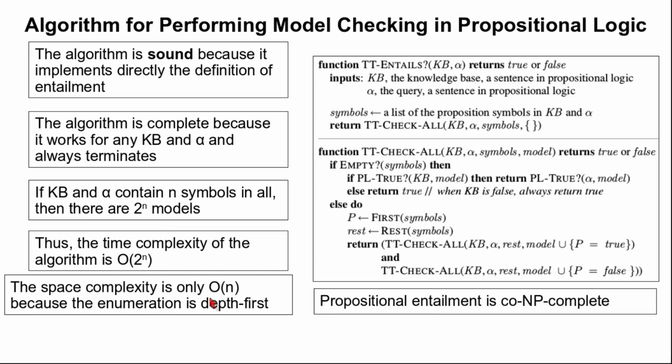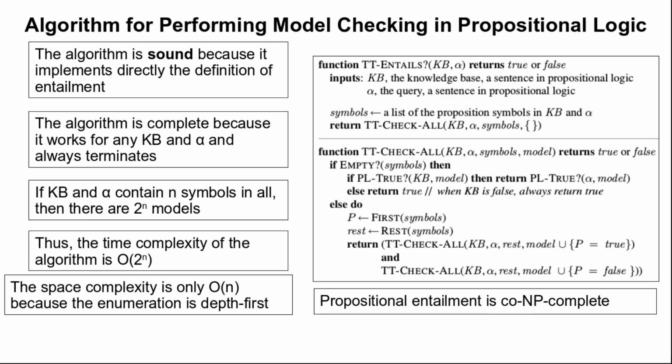Now propositional entailment is co-NP complete. From your algorithms class, you know what co-NP complete is. NP is non-deterministic polynomial, which means it is the set of problems for which you can verify whether a solution exists or not in polynomial time. You cannot find the solution in polynomial time, but if the solution is given to you, you can verify it in polynomial time.